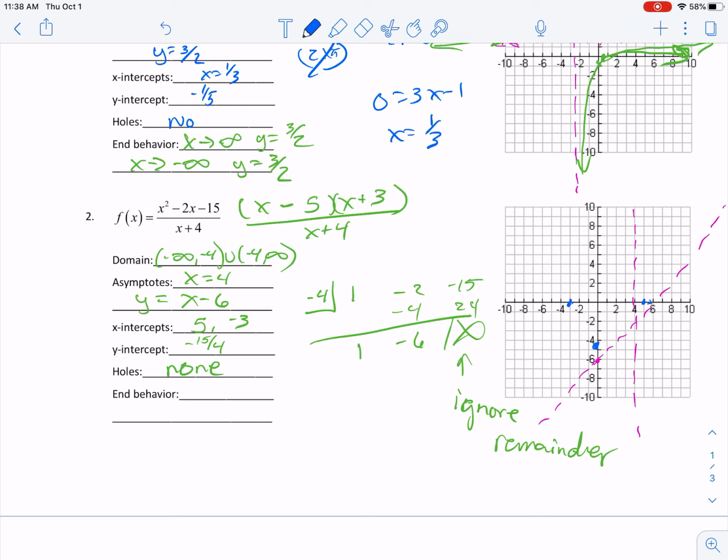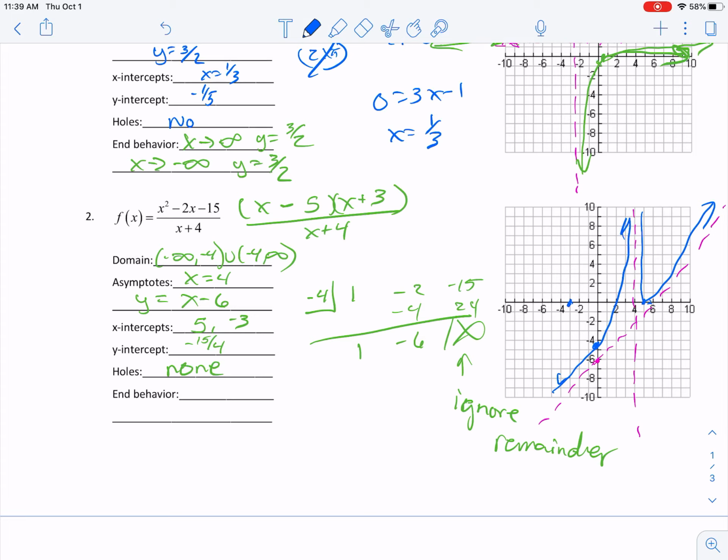This has got to be wrong. What did I do wrong? This is coming down this way. That should be positive. You sure that's not a positive 3? We need negative 15. No, that's right. I don't know. The graph's over here. Something's wrong with that picture. We'll have to figure it out.